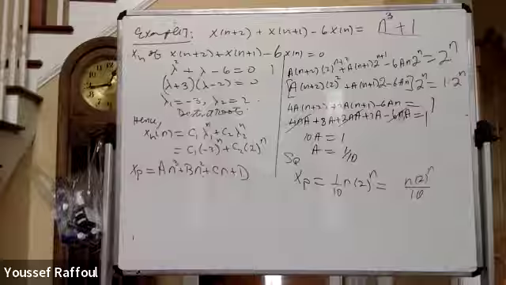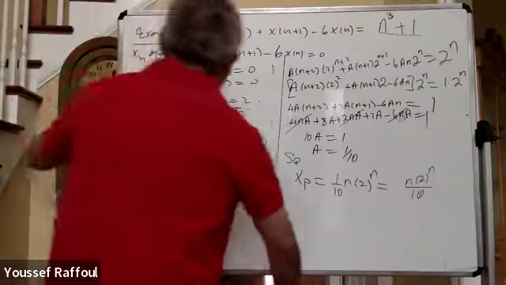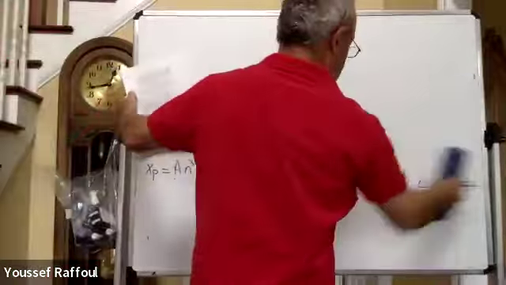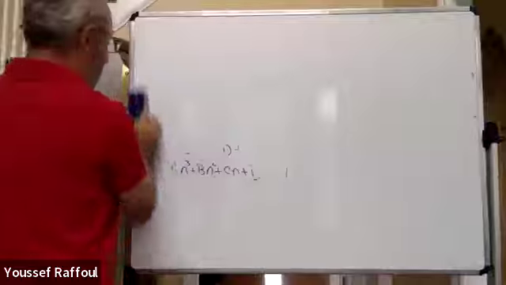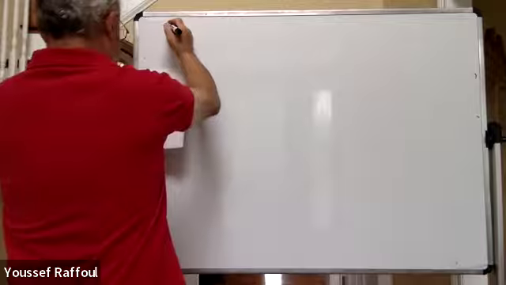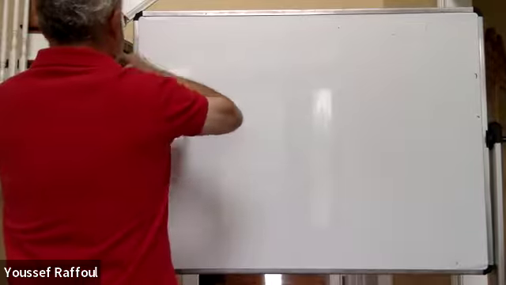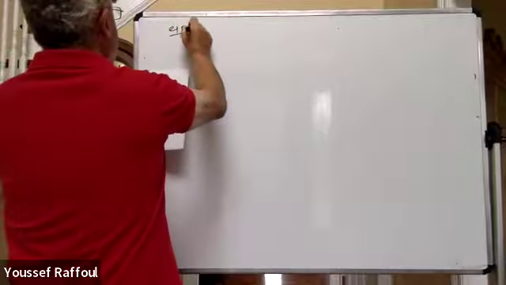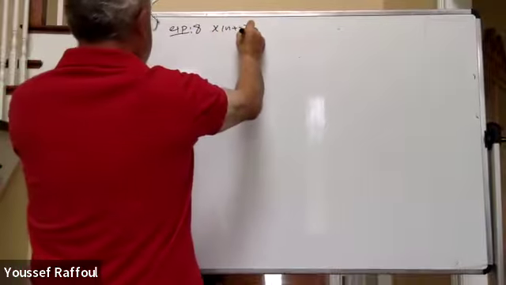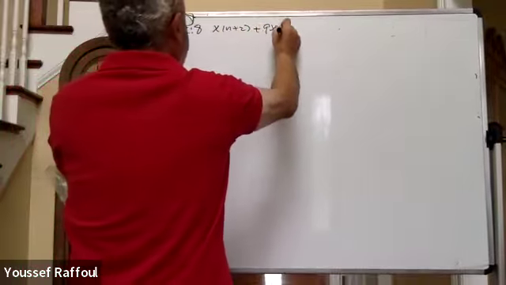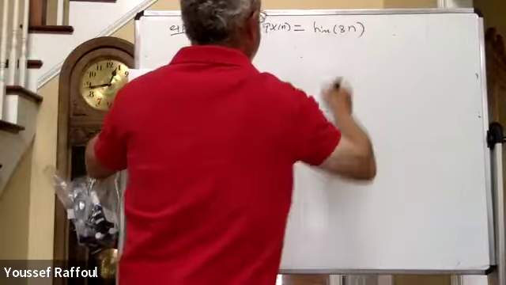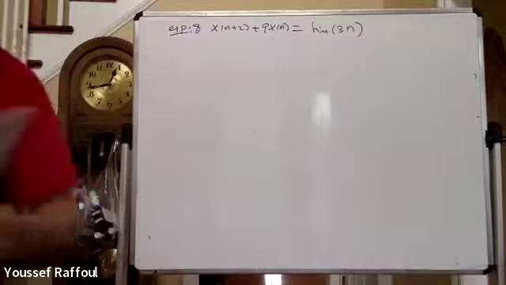So let's now change the gear a little bit. So we're gonna get rid of all this. Example 8: x(n+2) plus 9xn equal to sine of 3n.